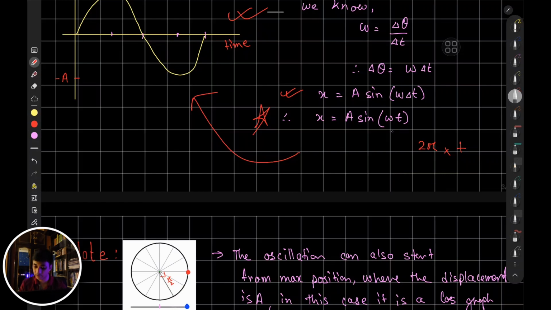This object is oscillating with an angular rate of 2 pi per 1 second, and you want to know the change in theta after 2 seconds. You multiply by 2 and you get 4 pi. Then you input 4 pi inside the parenthesis, and you get a value of theta. This is how the equation makes sense.